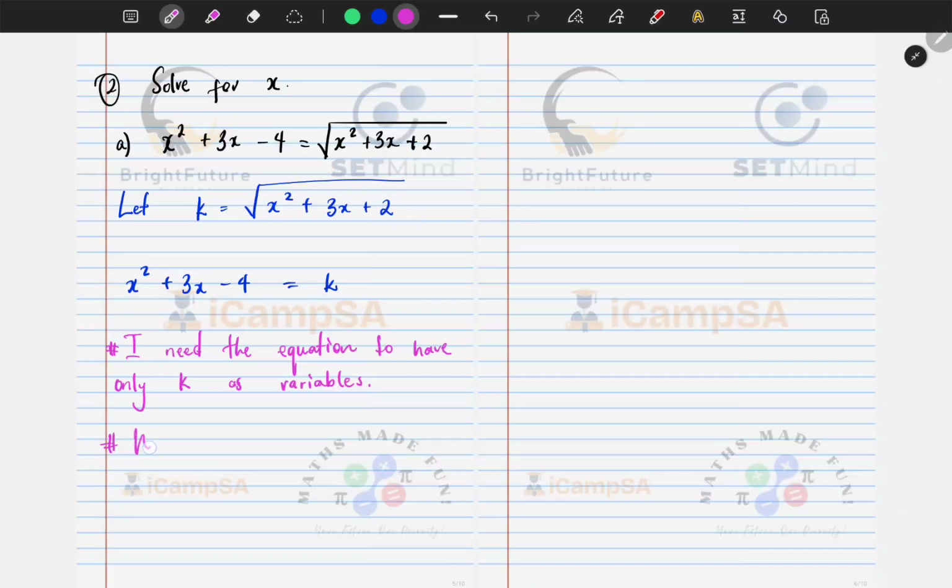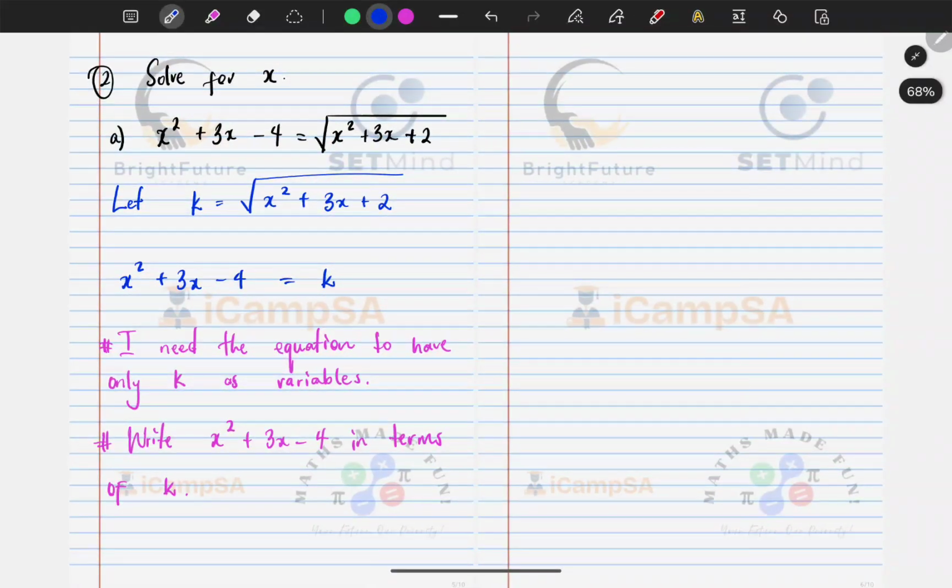So I am going to write x squared plus 3x minus 4 in terms of k. Let's see how we can do that.